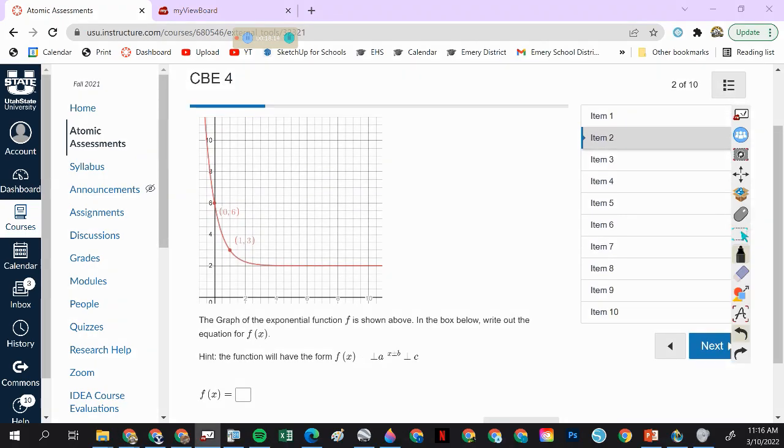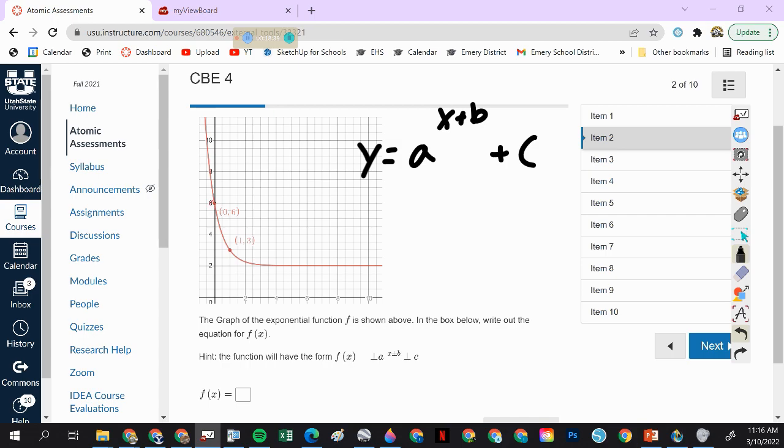So we have the equation y equals a times x plus b plus c. And we want to figure out what the equation is here. Well, how much is this dropping every day?